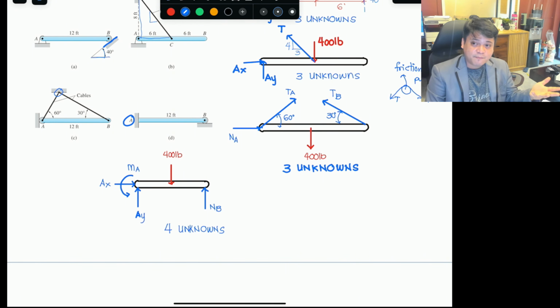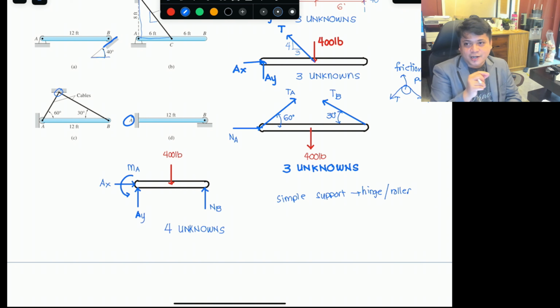When I say simple support, okay, it is just a hinge or it is just a roller. Okay? So kapag yung isang end mo ay naka-fixed at yung isang end mo ay naka-simple support, ang tawag po dito is a propped beam.